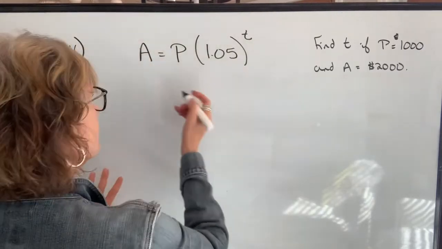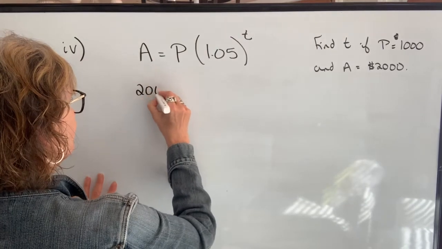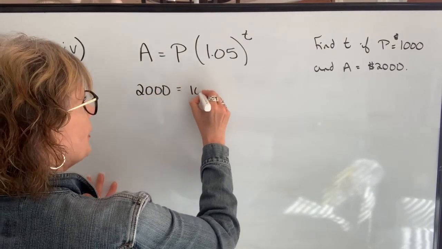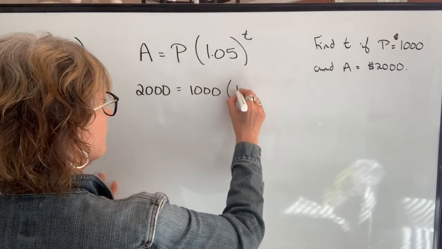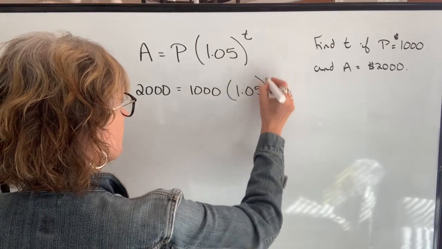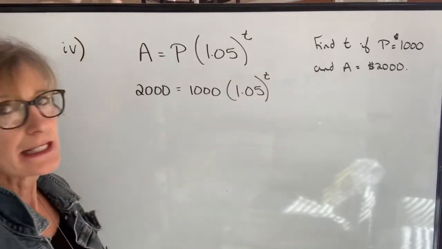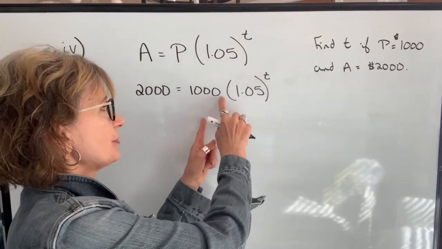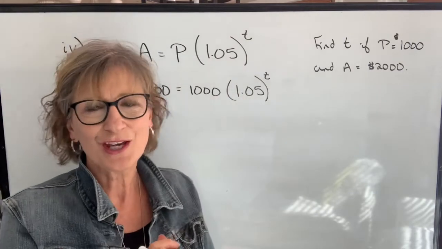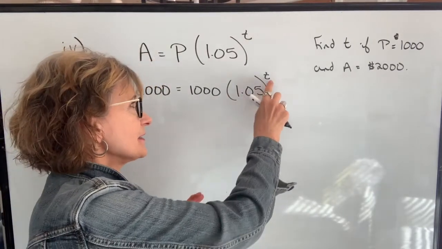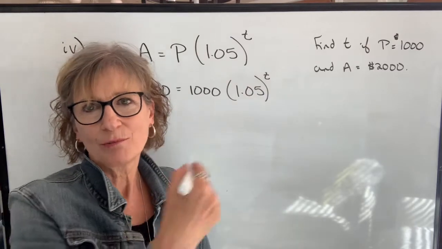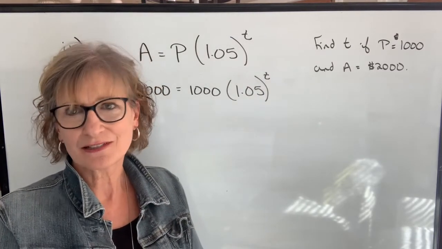So we plug in 2,000 for a, 1,000 for p. A common mistake that I see students do is they multiply these two. Can't do that. This has an exponent, so you cannot multiply it by anything. It doesn't work.